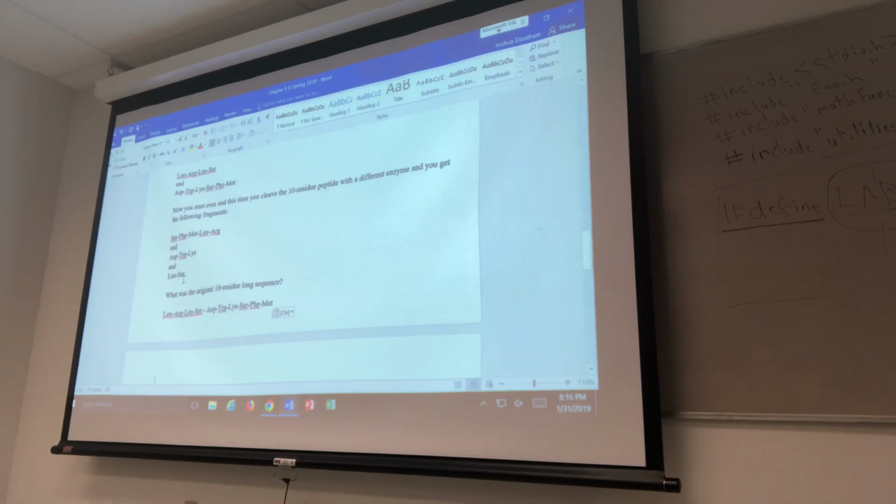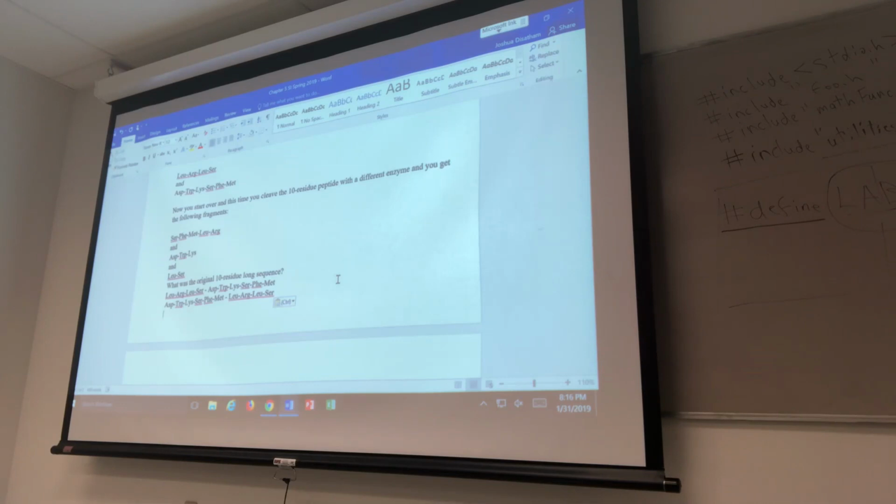And the other answer will be, let me make some room, where this one comes first, followed by this piece. These are your two possible answers because those are the only two fragments you made in the first experiment.